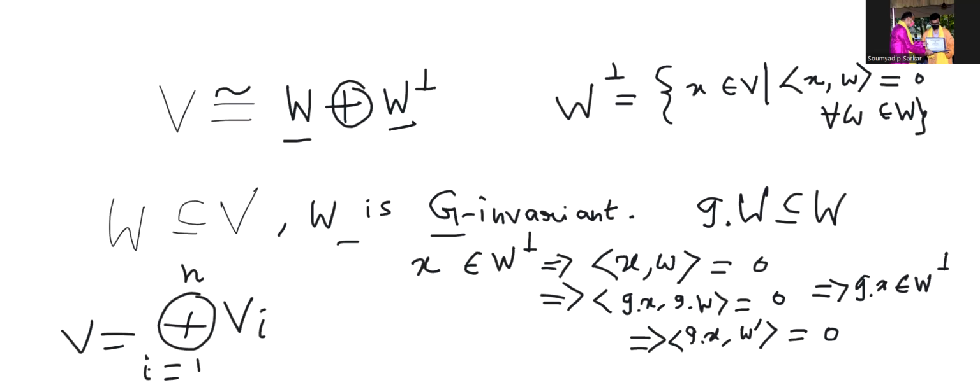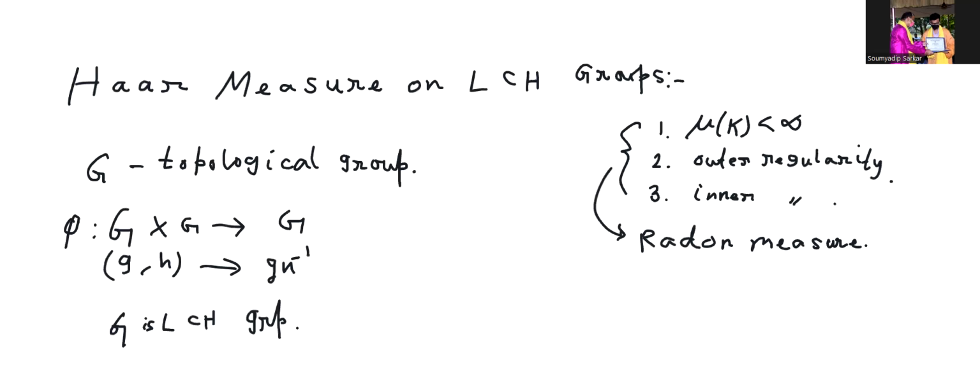So let me go back to that slide. You have a topological group, and this topological group has a very uniform structure.